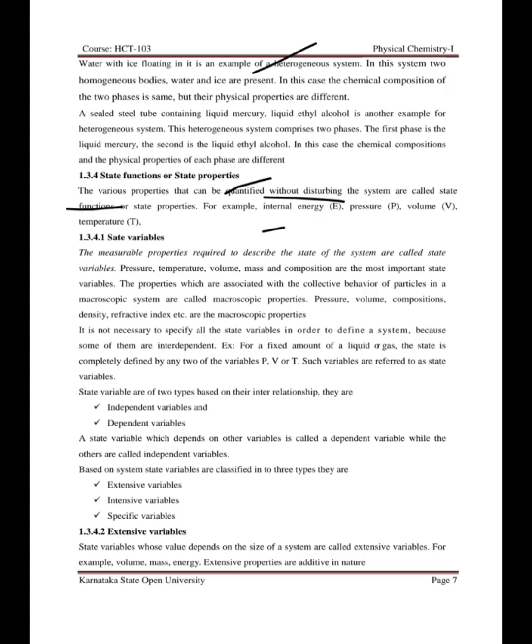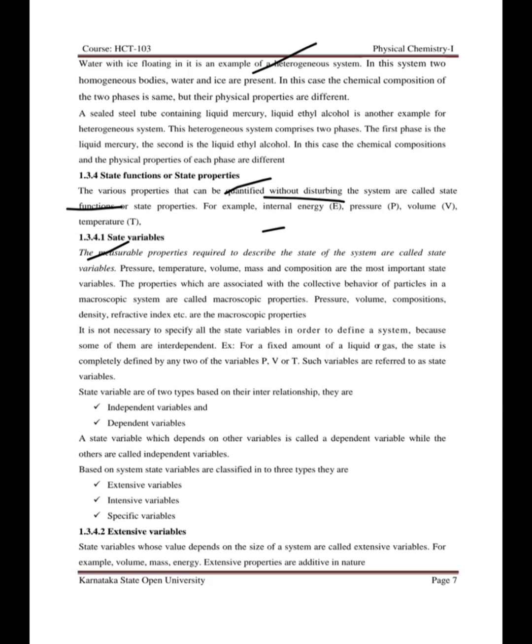And next is the state variables. The measurable properties required to describe the state of a system are called state variables. For example, pressure, temperature, volume, mass, composition are the important state variables.